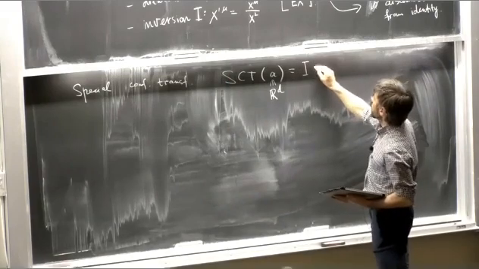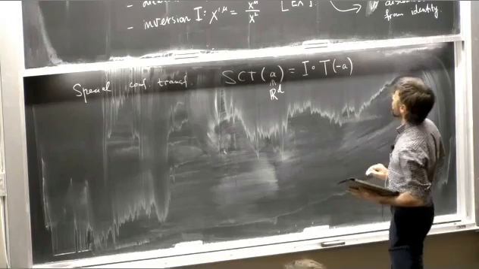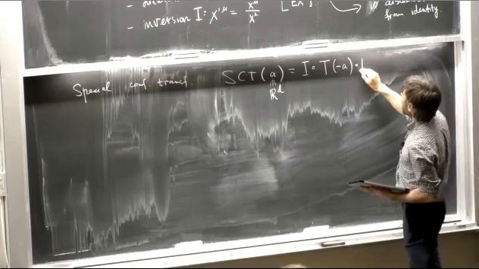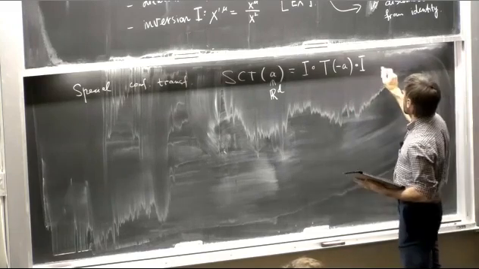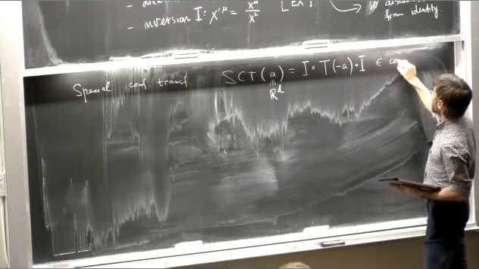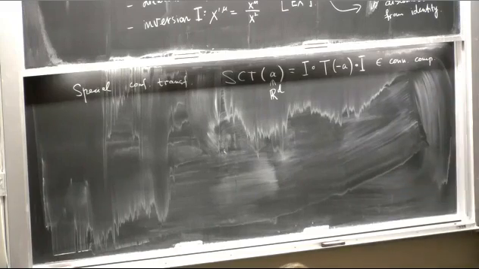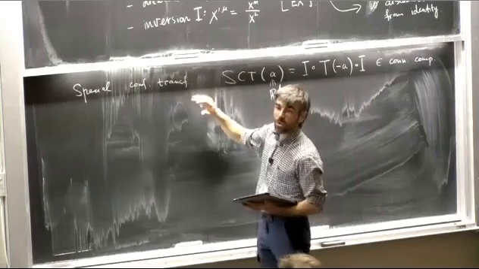I take inversion and compose it with translation. For convention, I take the translation with the vector minus a, and again with the inversion. Since I used the inversion twice, this thing now belongs to the connected component. And in fact, the connected component of the conformal group is generated by translations, rotations, dilatations, and the special conformal transformations.